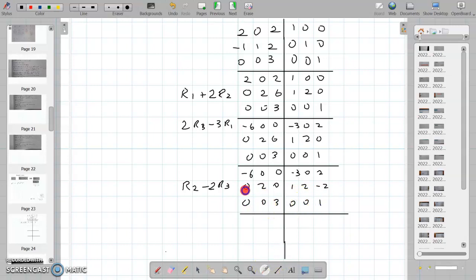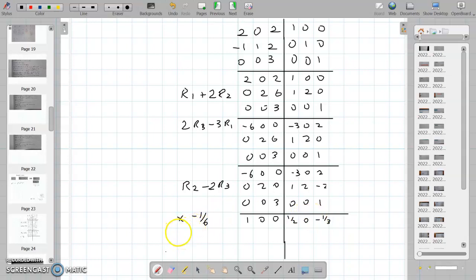Here we've done it. We got a triangle of zeros and a triangle of zeros. Easy bit now. This row just needs to multiply by minus 1/6, and that will change that minus 6 to a 1, and it won't affect these two. This row we're going to times by half, change that 2 to a 0. This row we're going to times by a third to change that to a 0. So we multiply by minus 1/6 here to get 1 0 0, and this will be a half, 0, minus a third.